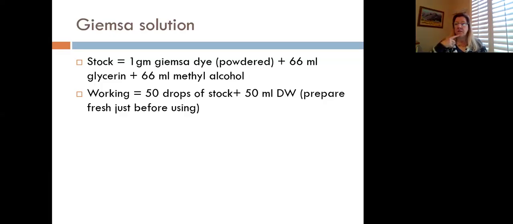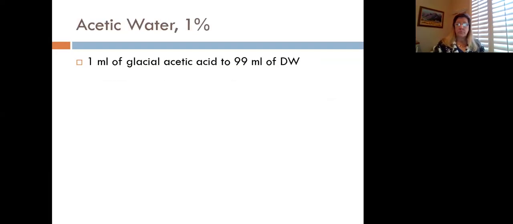So in this particular instance, that working Giemsa, you've got a couple hours, 4 or 5 hours, to actually use that working solution. Then you have a 1% acetic acid. So this is 1 mil of glacial acetic acid to 99 mils of distilled water.